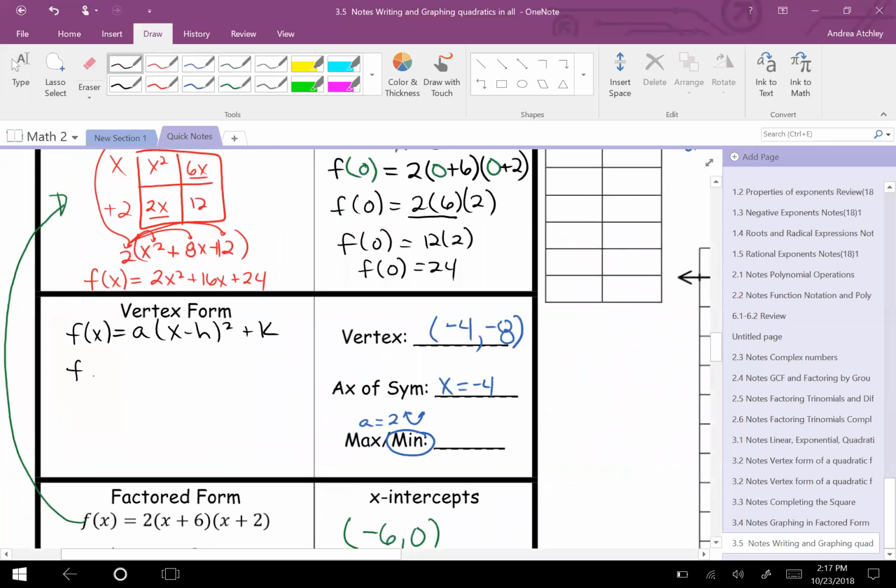So I have f of x equals, my a value is 2, so plug in that. Okay, so does everyone see where I got the 2 from? My a value is 2, so I'm plugging that in for a.